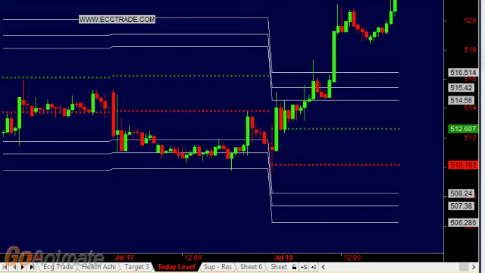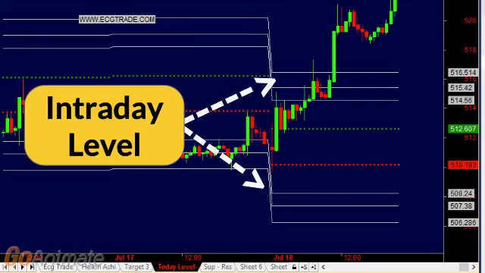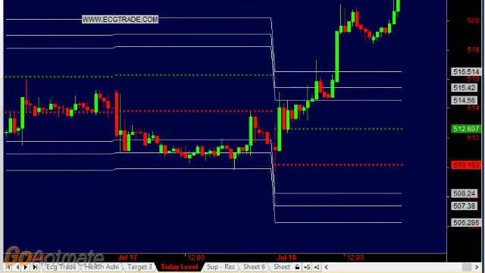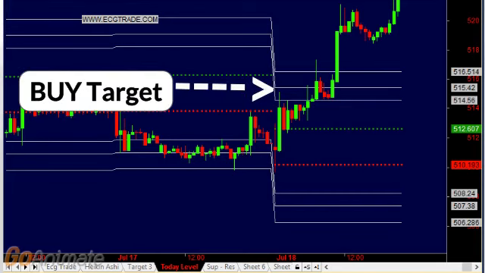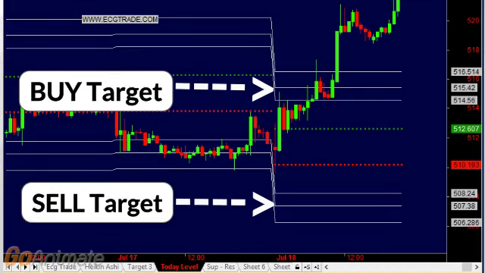The above 3 white lines or the bottom 3 white lines are intraday levels. You can follow these for next target profit booking. Whenever you buy, there will be the above 3 line targets, and whenever you sell, there are 3 line targets from below. In every target, if you book a little profit, your profit will rise.